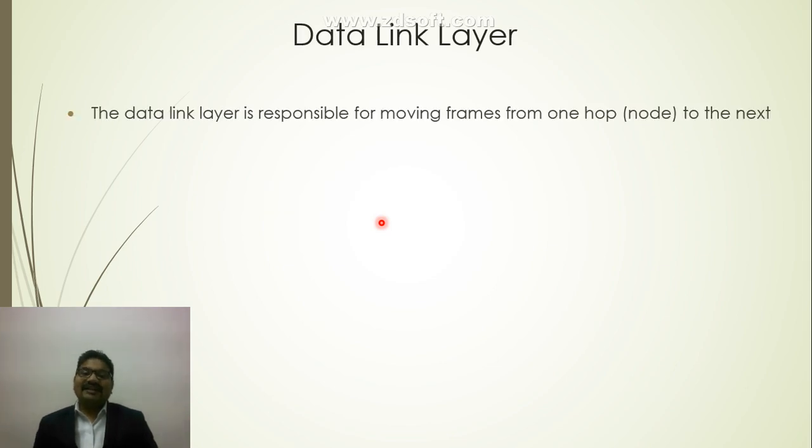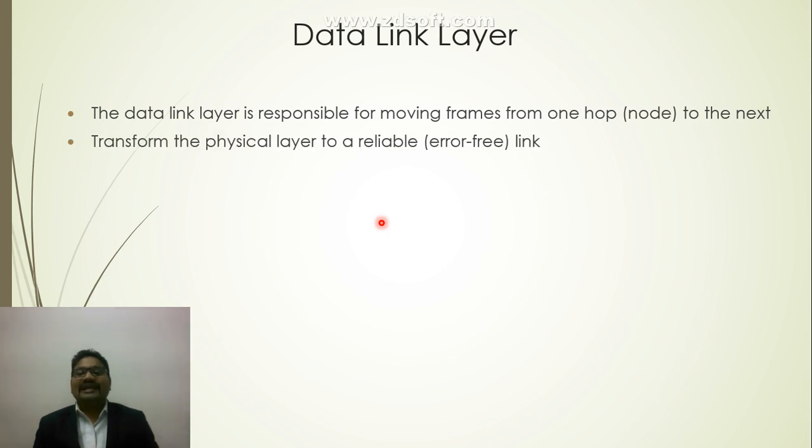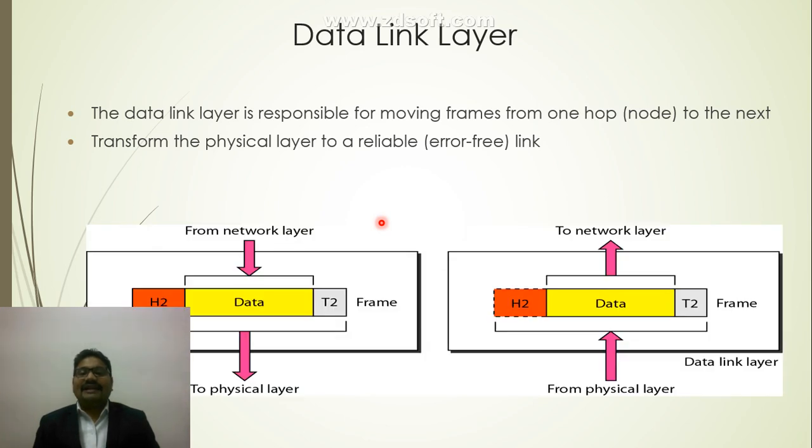Now, this data link layer is responsible for moving frames from one hop to the next. Basically, this layer is placed between the network layer and the physical layer. So it makes your physical layer a reliable link.